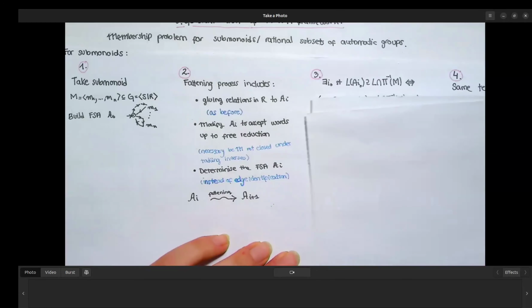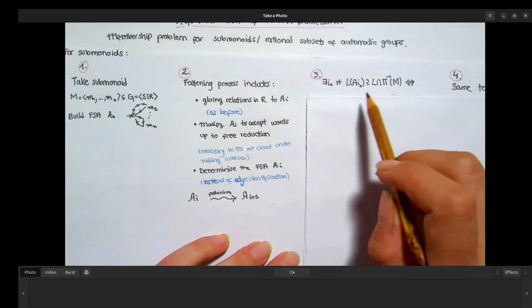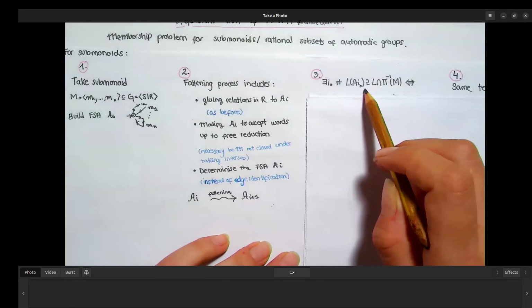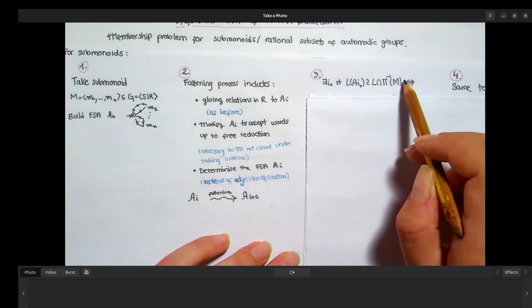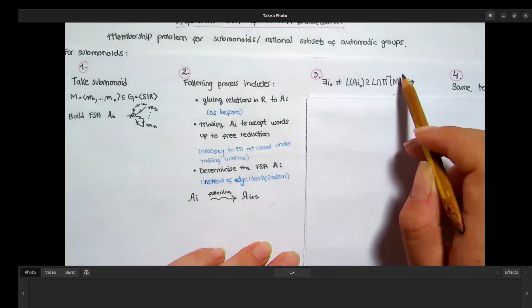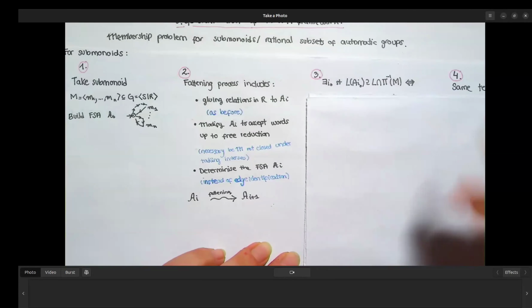And now what we need to give is a condition so that this iterative process comes to an end, so that there is an iteration at which the automaton that we've built already reads all that we need to read.